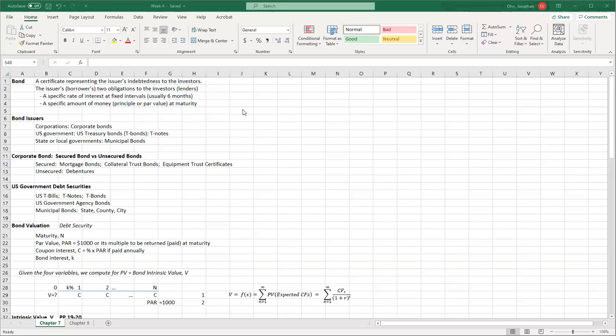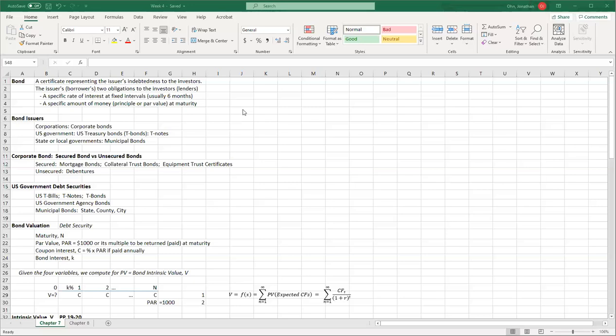Maturity longer than 10 years is called Treasury bonds. There are also U.S. government agency bonds, like Ginnie Mae and Freddie Mac. Municipal bonds are issued by state, county, or city governments.